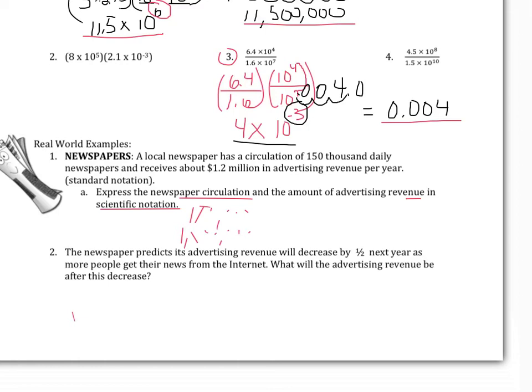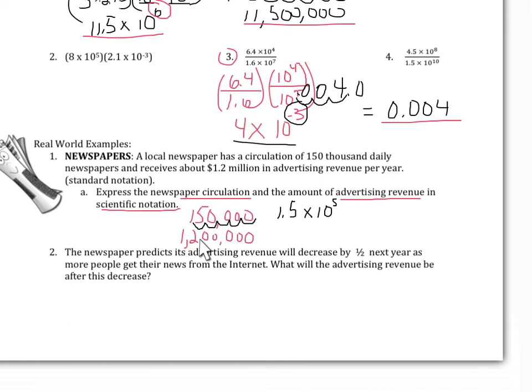So we're going to move the decimal place until we have a number to the left of the decimal. 1, 2, 3, 4, 5. We get 1.5 times 10 to the, how many places did we move it? 5 times. And it's going to be positive because our first number was greater than 1.